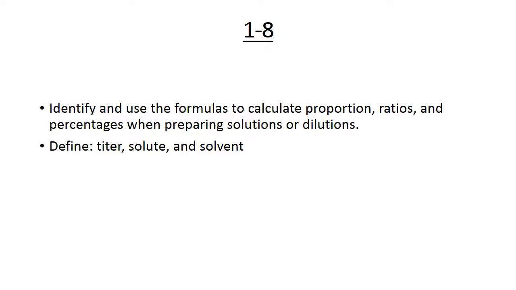So the C1, that C stands for concentration, and the V stands for volume. C1 is your first concentration or your initial concentration, which is the 1 mole. You see in the solution they put in the 1 mole. That's the highest concentration.